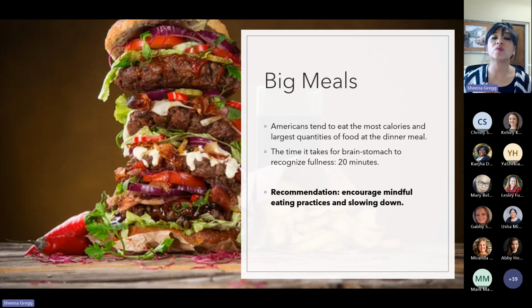So if you're not sure what your pace of eating is, I would really encourage you to use your cell phone next time at dinner, maybe even tonight, maybe during your lunch break, and time yourself to see how long it normally takes you to consume a meal and if you're a rapid paced eater or not.